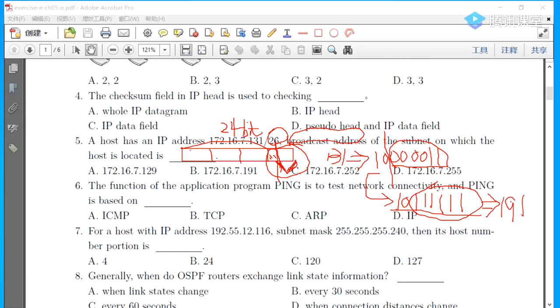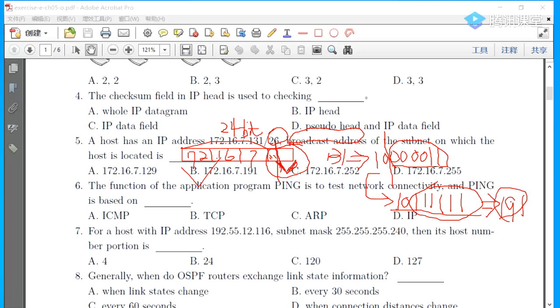The first 3 bytes are 192.16.7. So the address is 192.16.7.191, and the correct answer should be B.